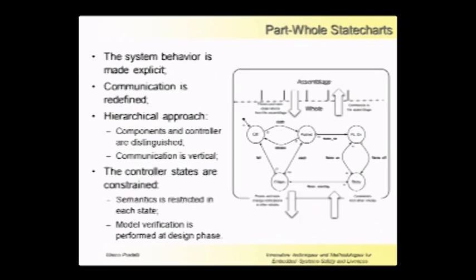Statecharts instead tries to address the communication and reusability problem by adopting a hierarchical approach. In Statecharts, components are hosted into an assemblage of components that are not allowed to directly interact with direct message passing or value exchange. The communication must be performed through the whole section that hosts an explicit representation of the behavior that is required from the assemblage of components.